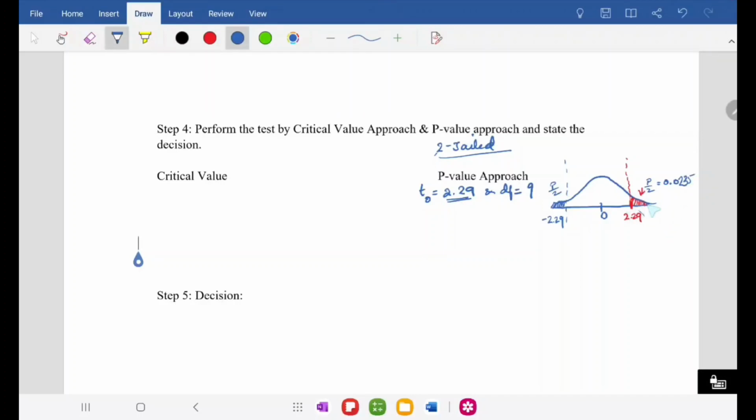All right, that's the area of this right-hand part of the 2.29, which is our test statistic. And of course, it has to come with a df, because it's a t test statistic. It has to have a df, the df of 9. So when you are looking for the area, you have to put in the value of the df and also the value of the t, and that'll give you an area of 0.0235.